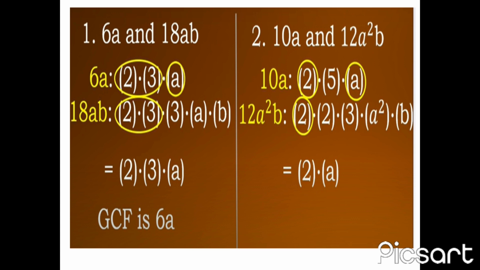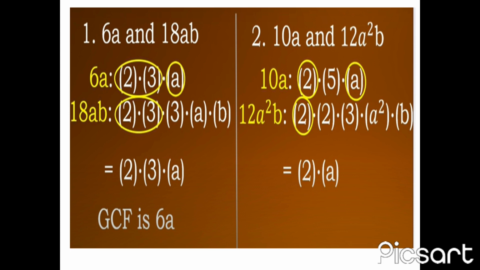Then we have another example: 6a and 18ab. We have the variables a and ab. In 6a, the factors of 6 are 2 times 3, and the variable a. Then 18ab: the factor of 18 is 2 times 3, 6, times 3, and the variables a and b.